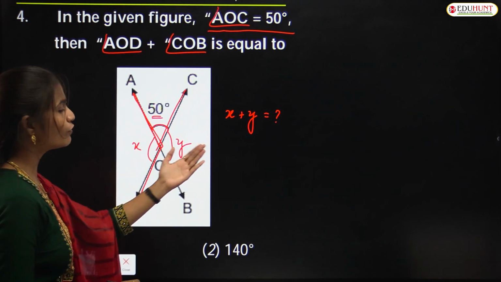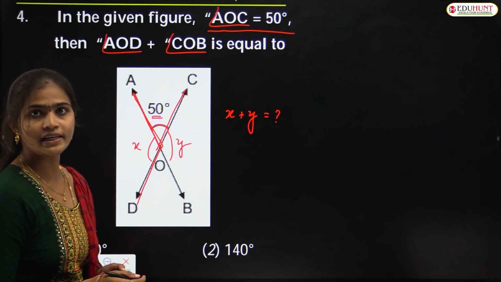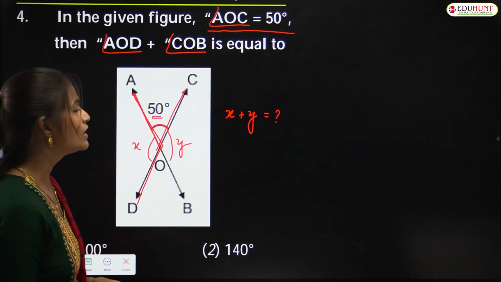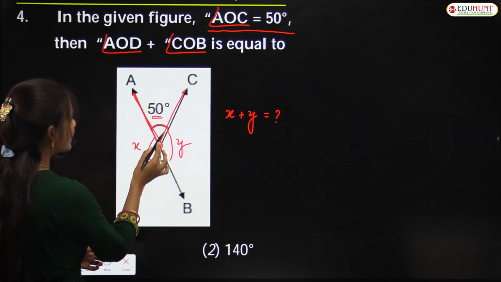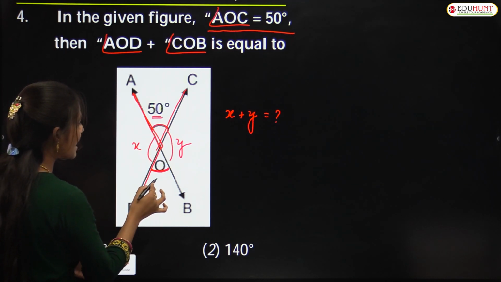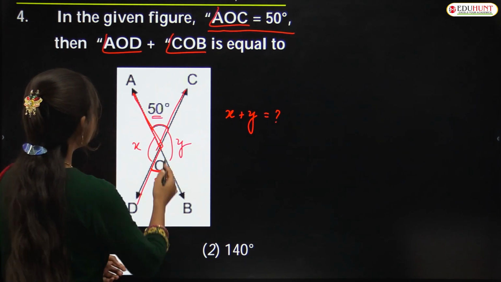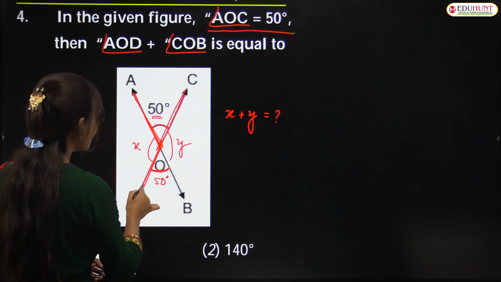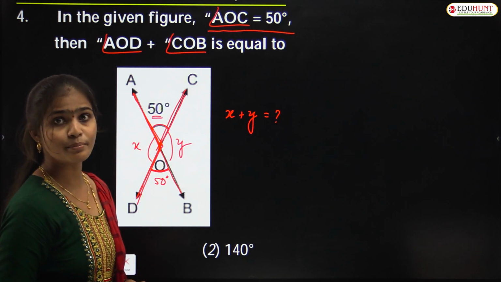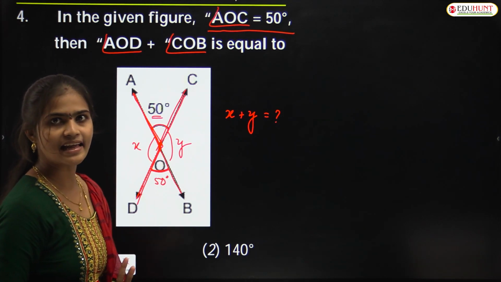Before going to find x plus y, first we need to find what x is and what y is, right? See that here this is 50 degrees, so we can say that this angle is also 50 degrees. Why? Because these two angles are vertically opposite angles, because the given lines are intersecting lines.